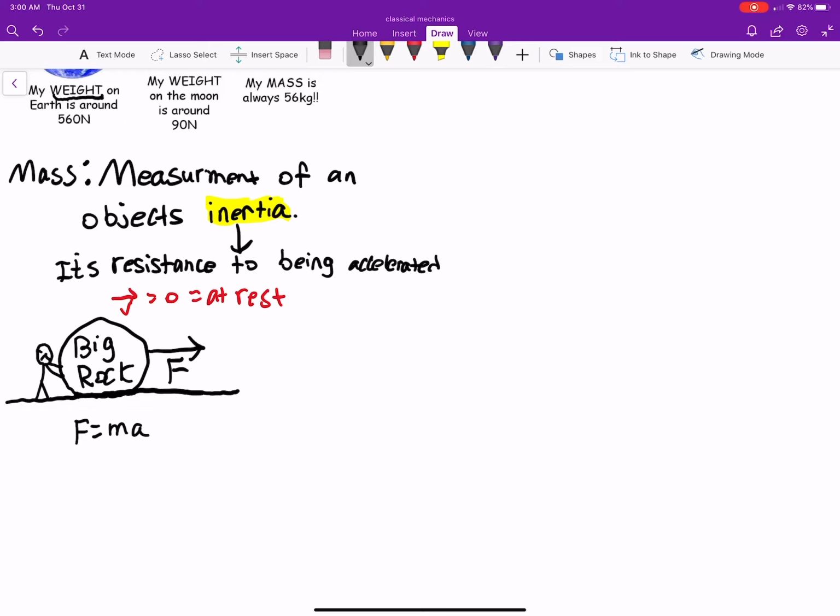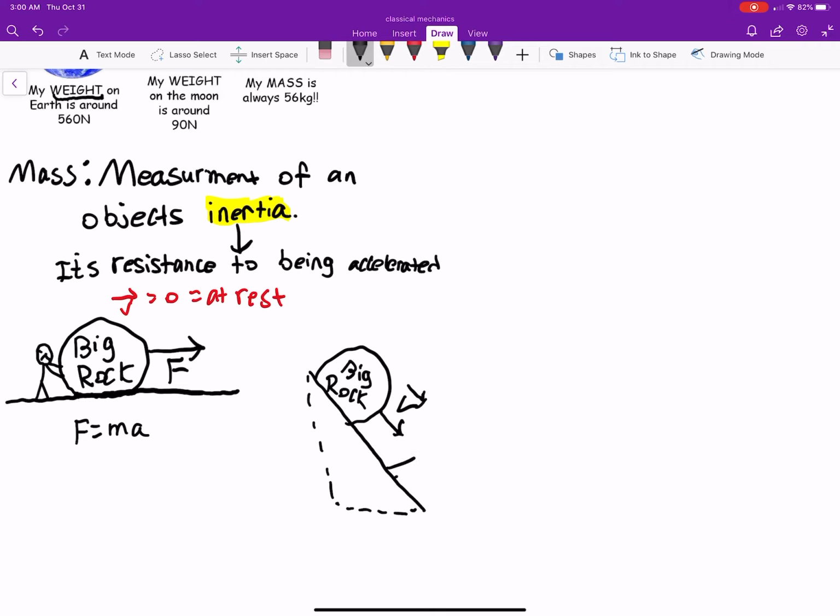Now, let's think of it also in another way. Let's say we have this frictionless slope, and we have the same big rock, the same one as before. And let's say we're getting it to roll down. Let's say this has some velocity.